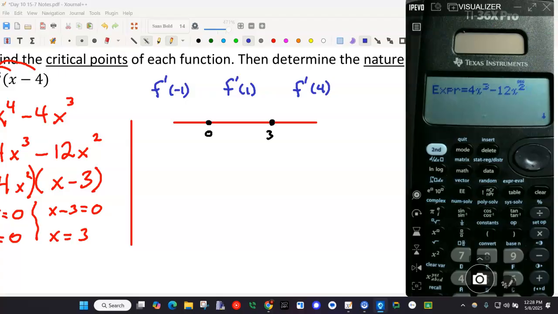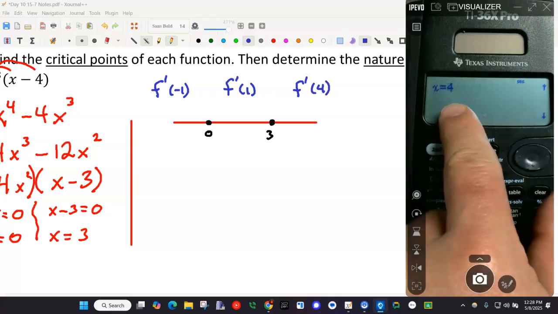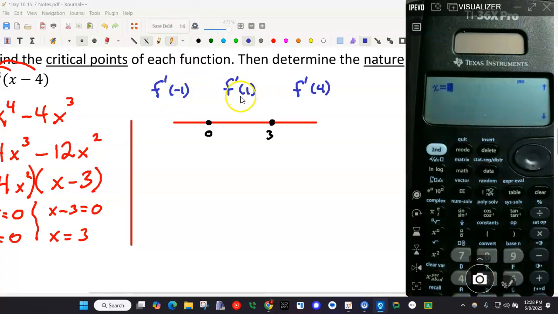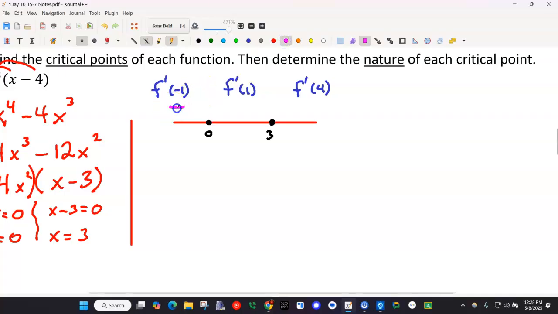Very useful. Use this function, hit enter, and it'll ask you what numbers you want to plug in. So we're plugging in negative 1, 1, and 4. I'll start with negative 1, and I get negative 16. That's negative.